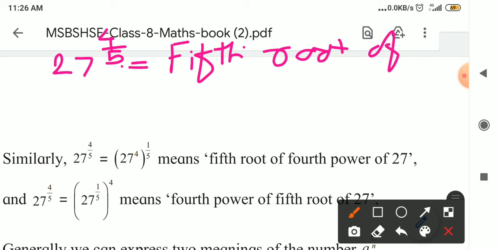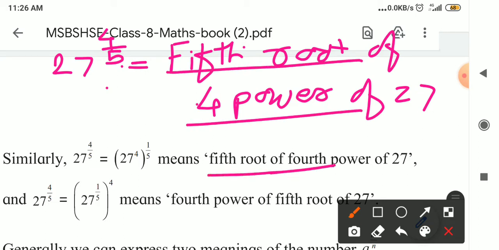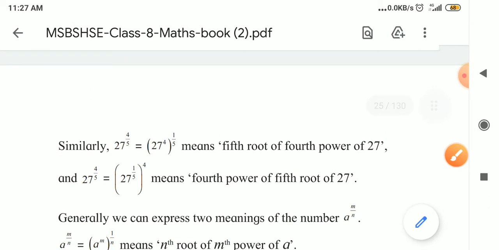So fourth power. 4 is at which position? Index, power. So here fifth root of fourth power of 27. See here, the same is written, fifth root of fourth power, here written F-O-U-R-T-H, fourth power of 27. Okay, understand all of you? In this way its reading is there.